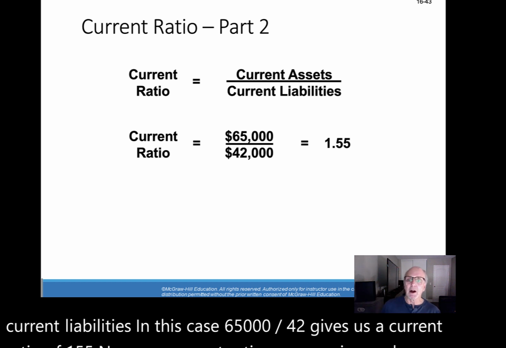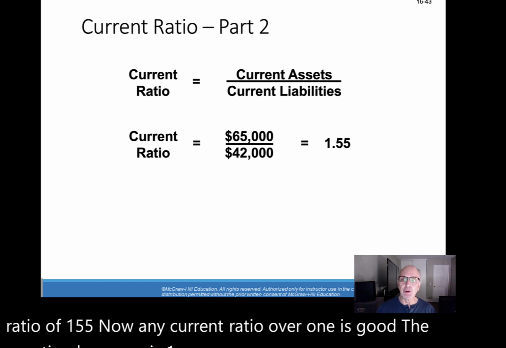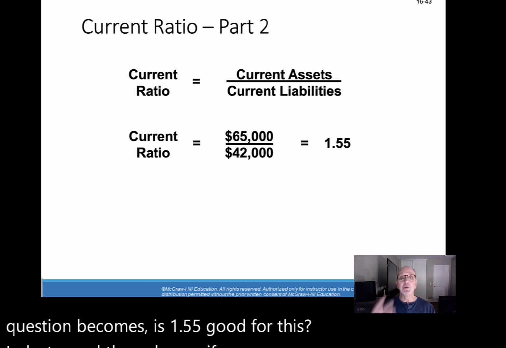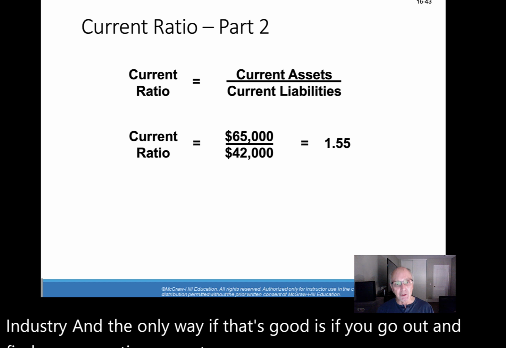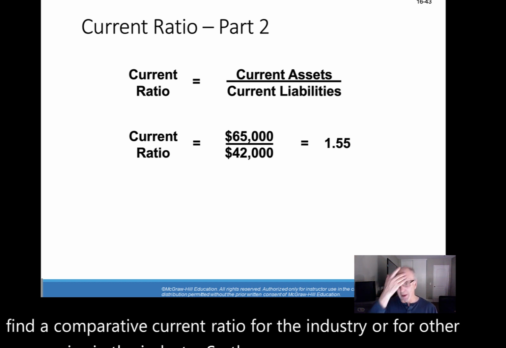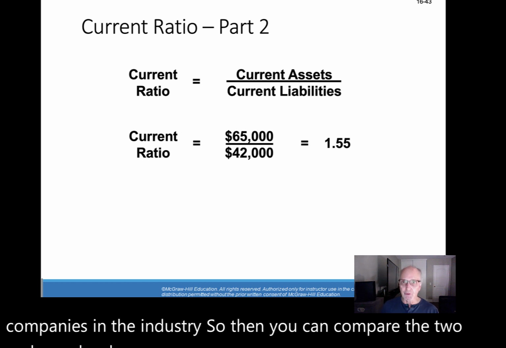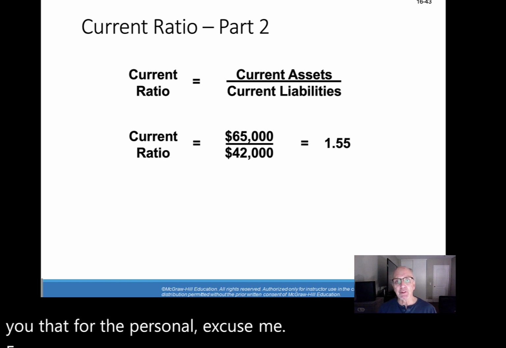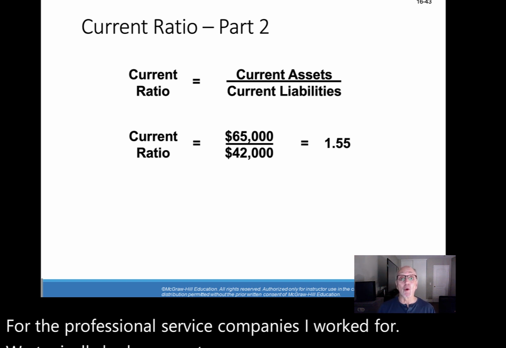The question becomes, is 1.55 good for this industry? And the only way you know if that's good is if you go out and find a comparative current ratio for the industry or for other companies in the industry. So then you can compare the two. But if I told you that for the professional service companies that I worked for, we typically had a current ratio of 4 or 5.